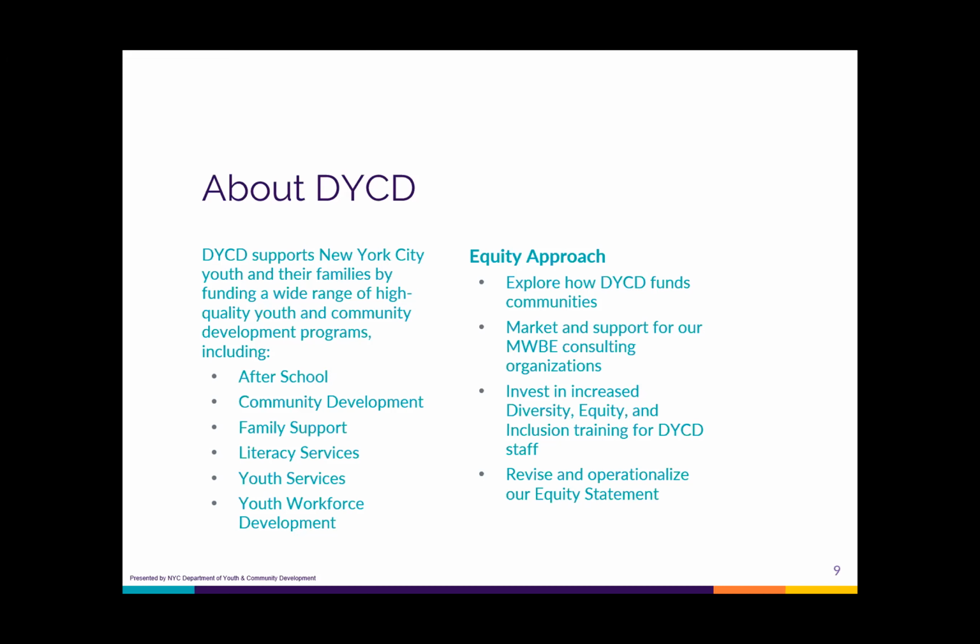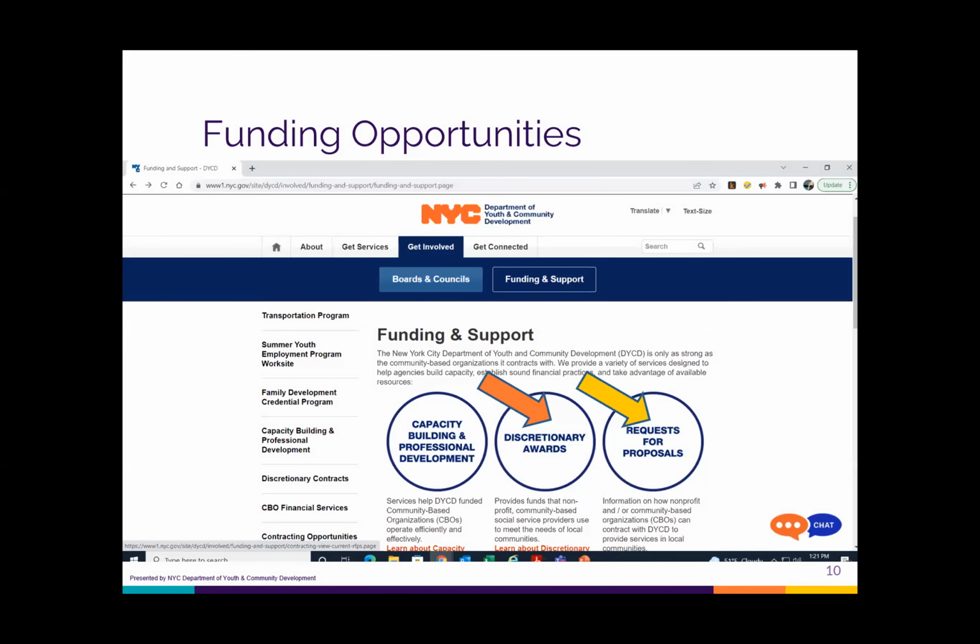And I think a lot of people have asked about all these resources. We'll make sure that you get copies of the slides and more information on where you can access more information about DYCD. Now, if you're looking for funding opportunities, really the best way is through Passport. Once you have an account on Passport, you will identify what kind of funding opportunities you're interested in, whether you're a private organization or a nonprofit.